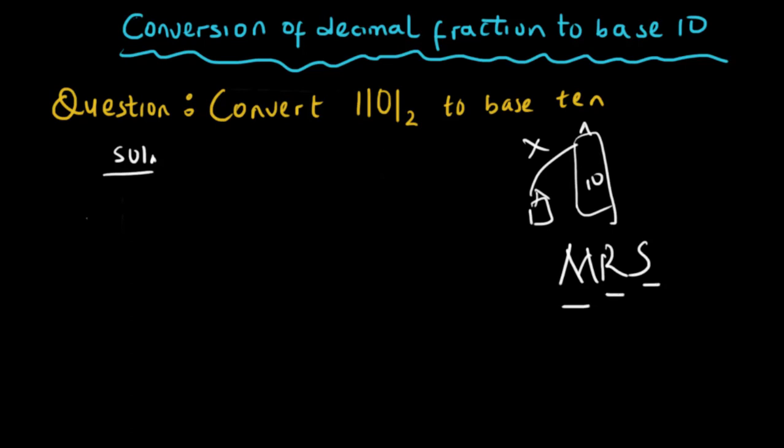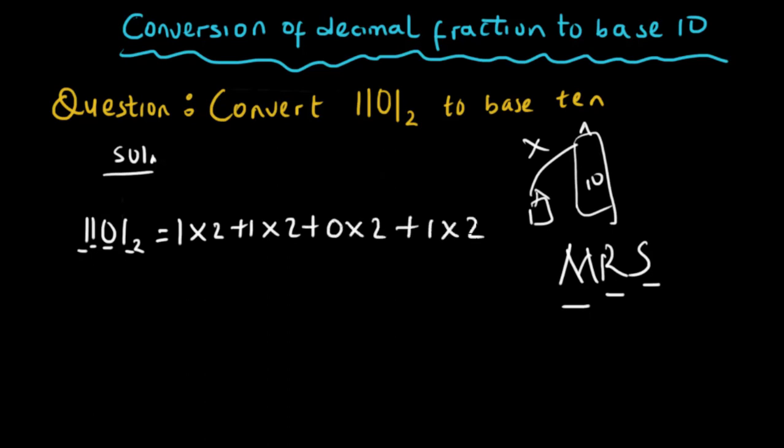We have 1101 in base 2. We multiply each of the digits with 2, which is the base. So 1 times 2 plus 1 times 2 plus 0 times 2 plus 1 times 2. And then the next thing we rank. We rank from right to left: 0, 1, 2, 3. And remember, we are ranking the base. And then the last thing we simplify.